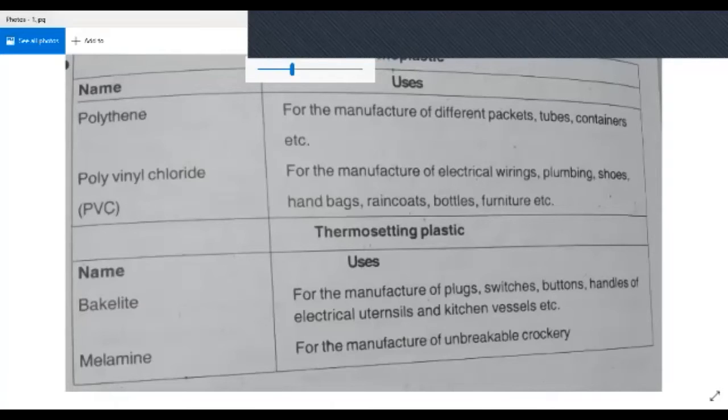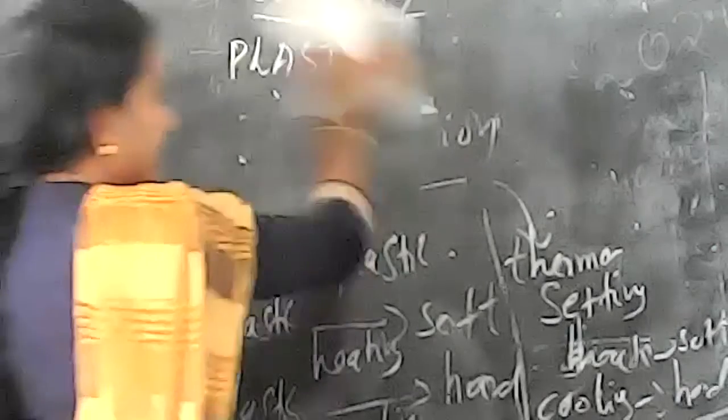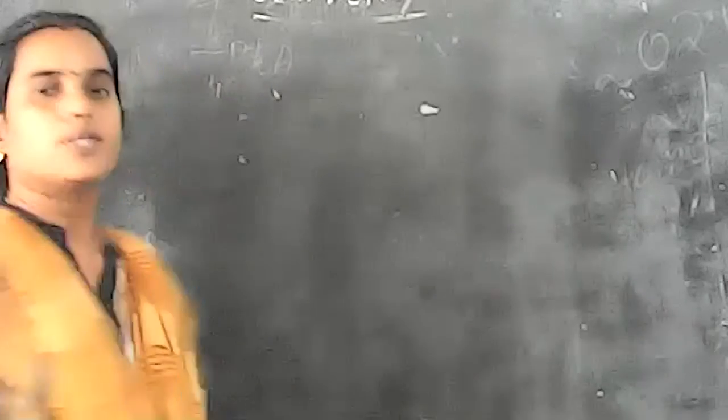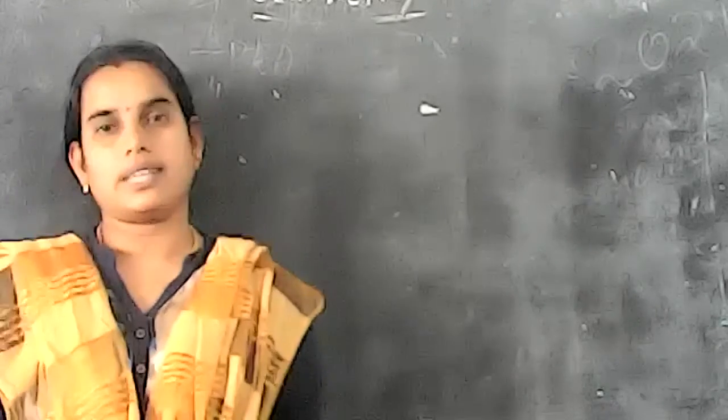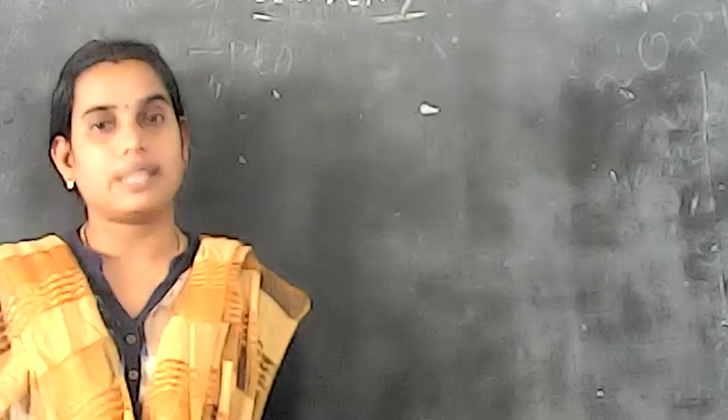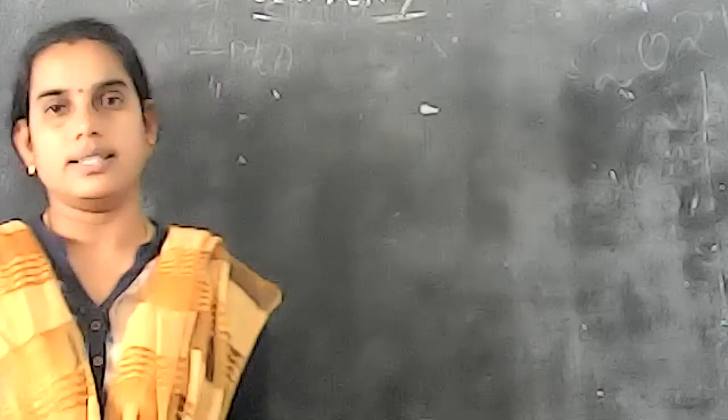So next, we are moving on to another important topic, plastic pollution, or pollution due to plastic. We are using a lot of plastic materials. In our country, in some places, plastic materials have been banned, isn't it?